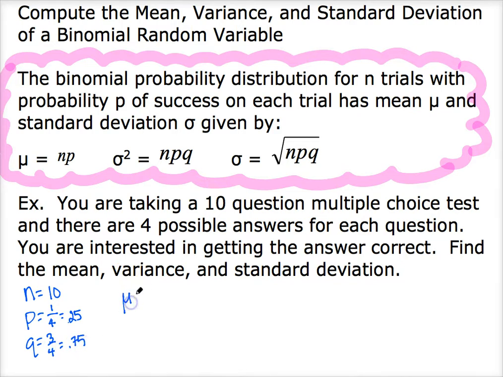The mean is n times p, or 2.5. The variance is n times p times q, which equals 1.875.